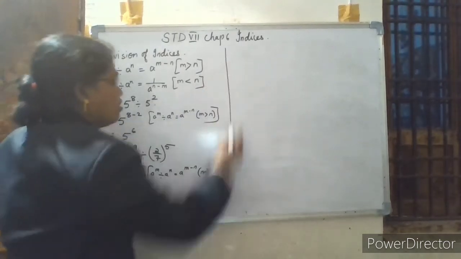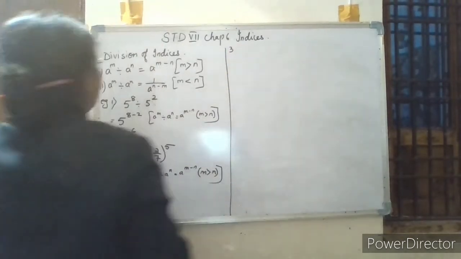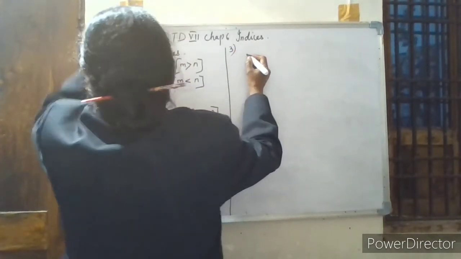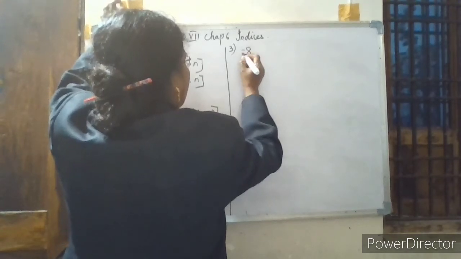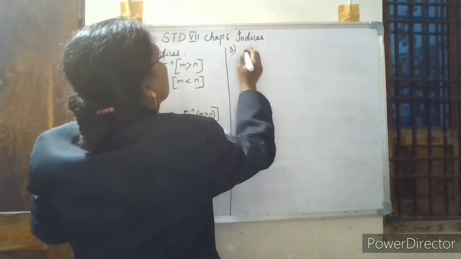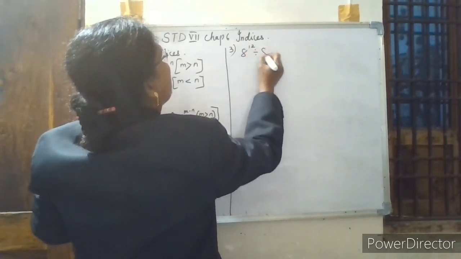Now, next example. Example 3. Suppose it is given that 8^12 divided by 8^7.